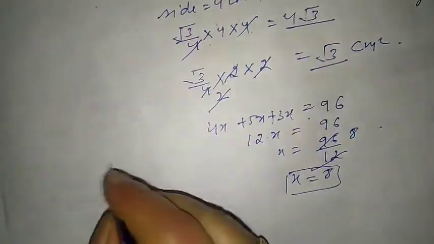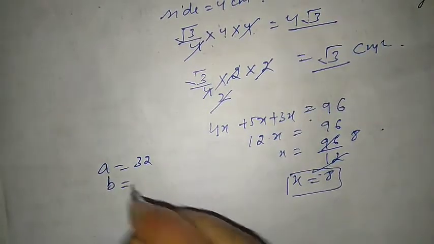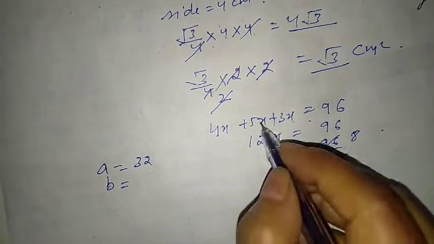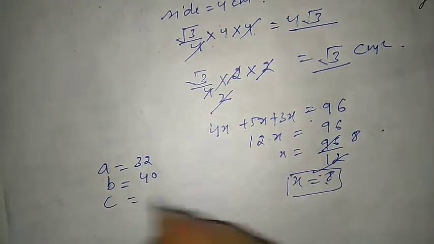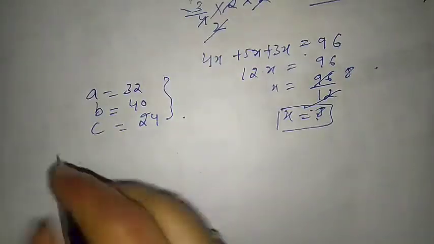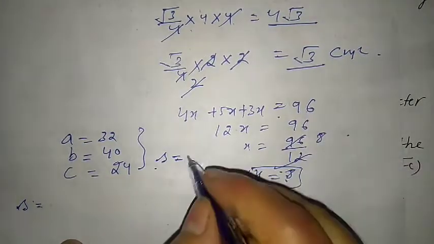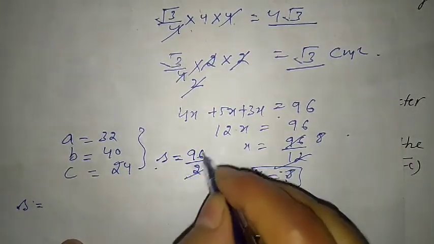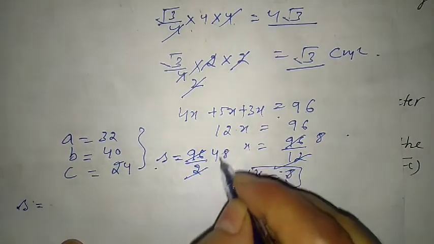So what is our a? a is 32, b is 40, and c is 24. Now we'll find the area. s is equal to 96 divided by 2, which is 48.